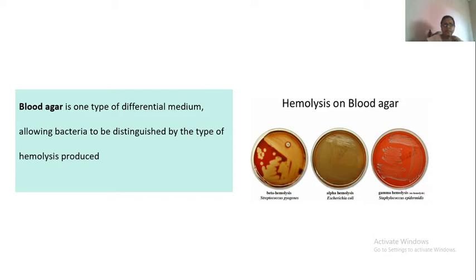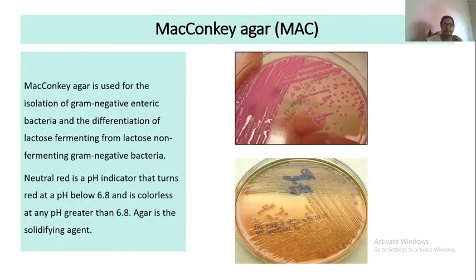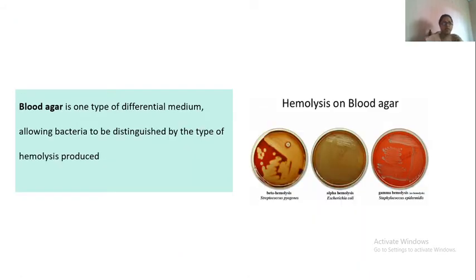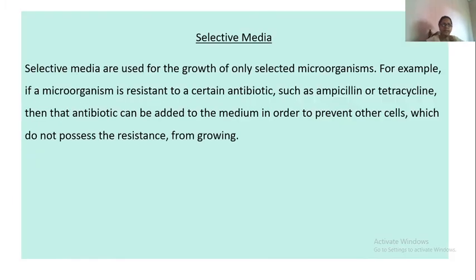So the method or the principle can be different, but the ultimate result is that they are able to differentiate the organism into two or three groups based on a certain factor. So this was differential media, and I have explained how it is in MacConkey agar, and how blood agar is a differential medium. Next, we will move on to selective medium.